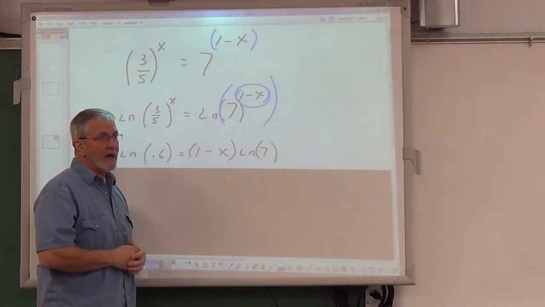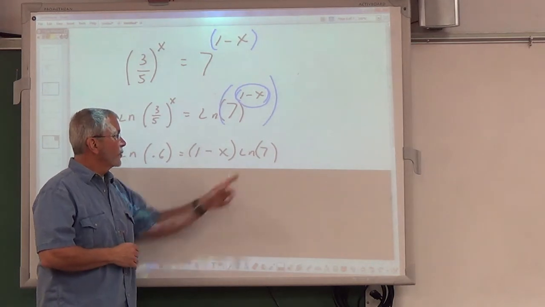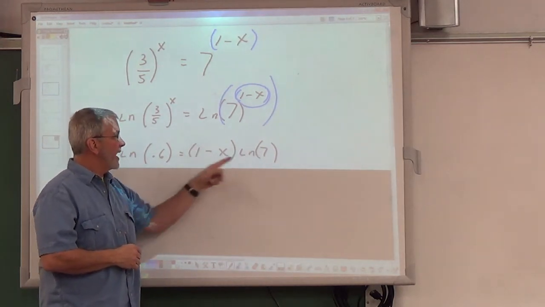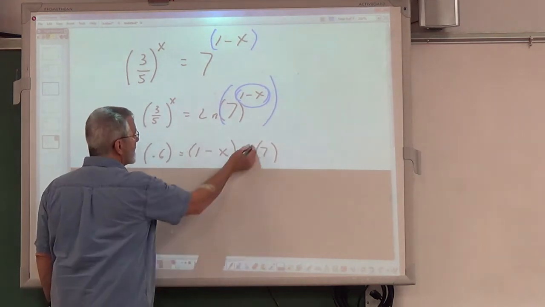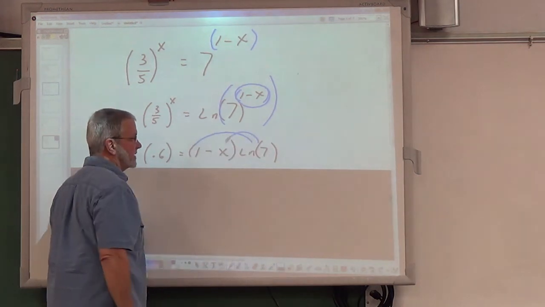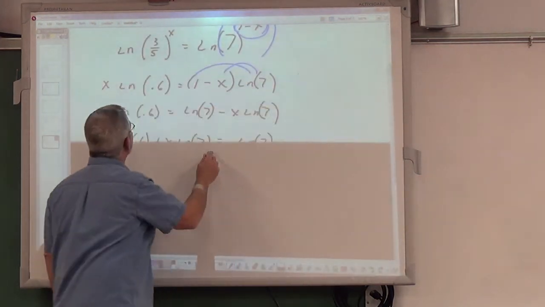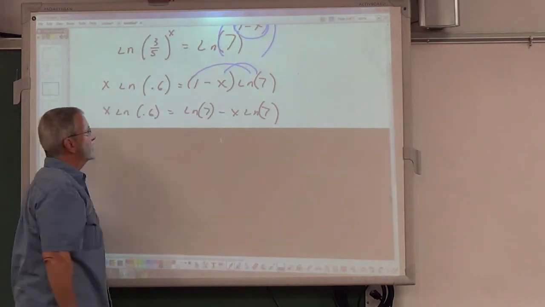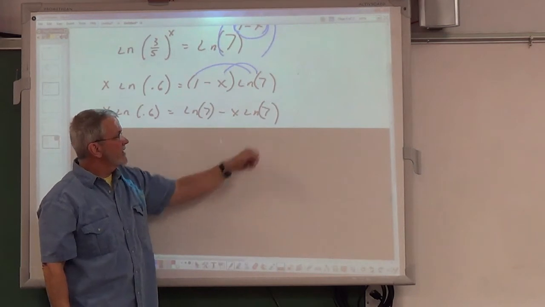People struggle with the algebra here. So what we're going to do is we're going to multiply this ln of 7. We're going to use the distributive property. Multiply ln of 7 times 1. Multiply ln of 7 times x. And we're going to get, I still have x ln of 0.6 is equal to ln of 7 minus x ln of 7.